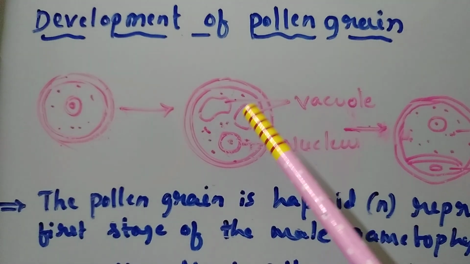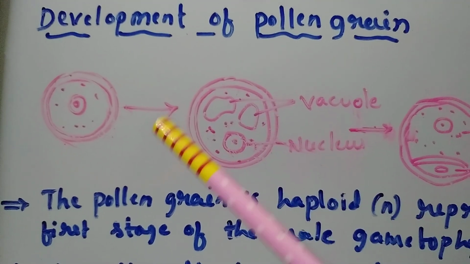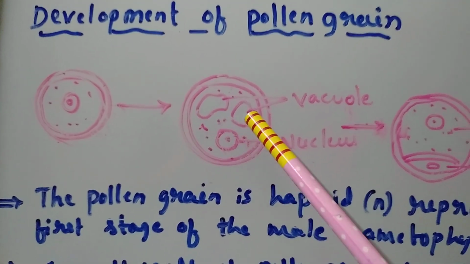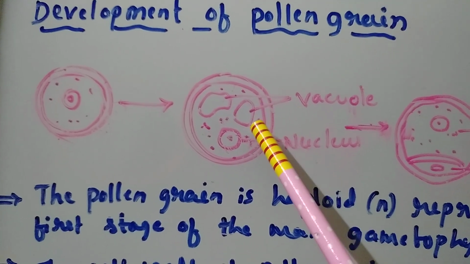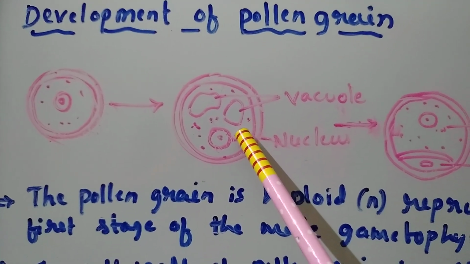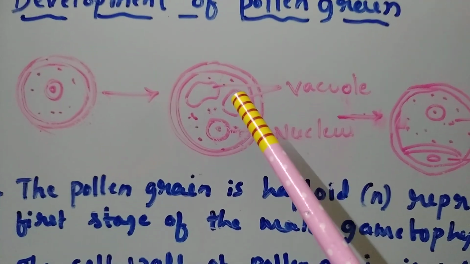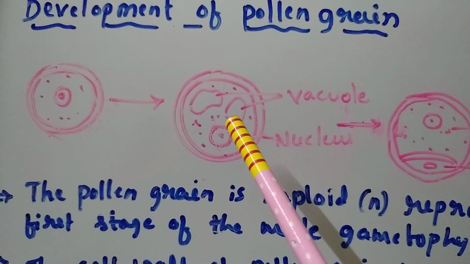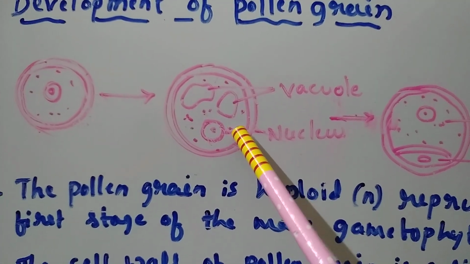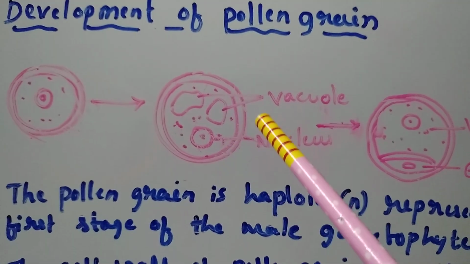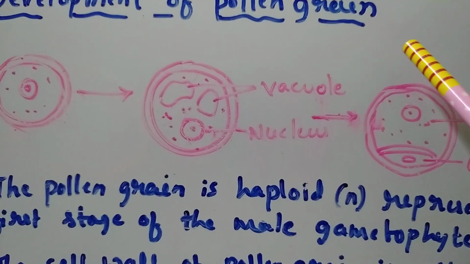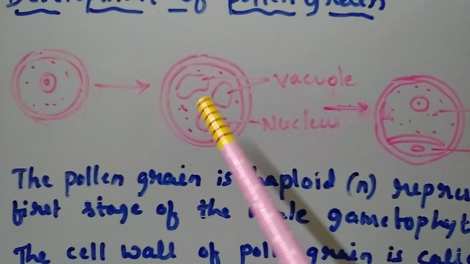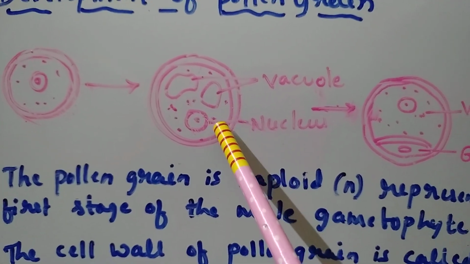For further development, more accumulation of cytoplasm takes place in the pollen grain. Why does more accumulation of cytoplasm take place? Because this cell will undergo mitotic cell division. So that's why more accumulation of cytoplasm takes place here.